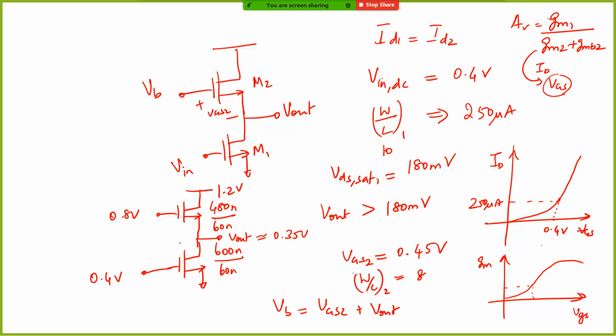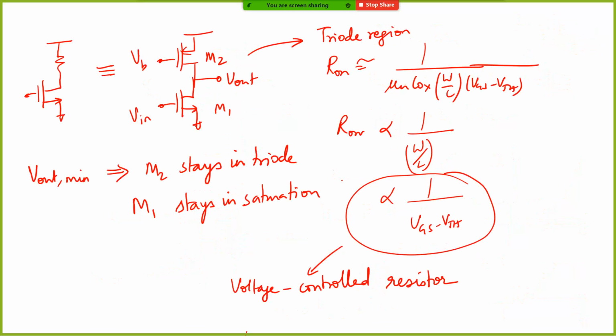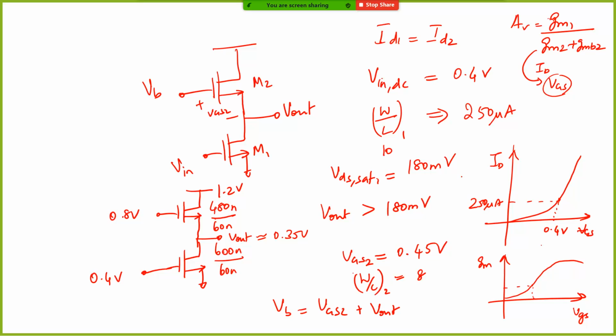Now, suppose this is supposed to be in the triode region. I'm sorry, we are just assuming that it is in the triode region, and it is not GM1, I just got confused. So from here you calculate the VGS. Typically this VGS, let's say, is 0.55, and let's say this W by L ratio is 20.